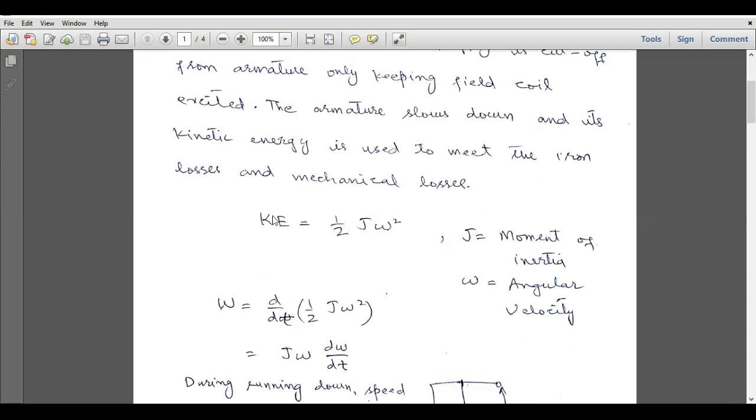And since there is no EMF induced when the speed of the armature is zero, there will be zero iron or core losses. So we have to calculate the stray losses during the instant when the armature of the motor is slowing down. After the armature has stopped completely, all the losses become equal to zero.